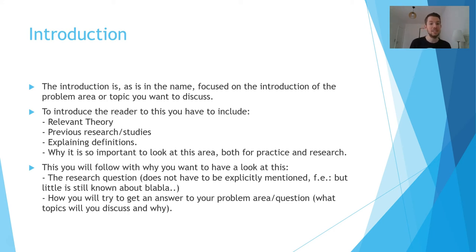Definitions, what I just mentioned, and why is it so important to look at this area, both for practice and research. With practice, I mean, why is it important that teachers, for example, could include this theory, or how does the information that your paper is about potentially affect the educational setting or the way you teach, for example, or the methods.